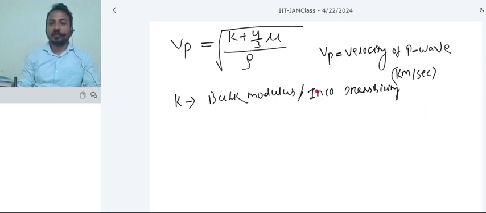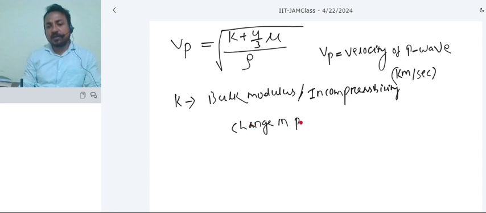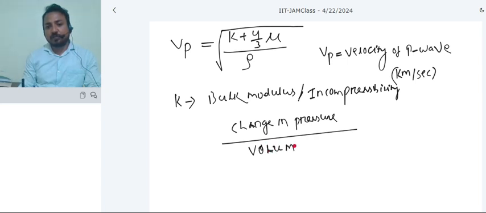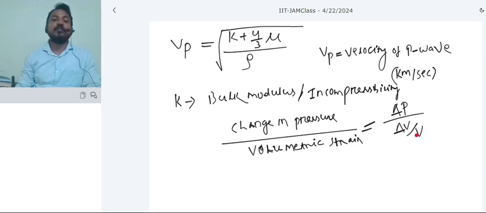So incompressibility is your change in pressure divided by volumetric strain, that is del P over del V by V. Okay, so correct this one.